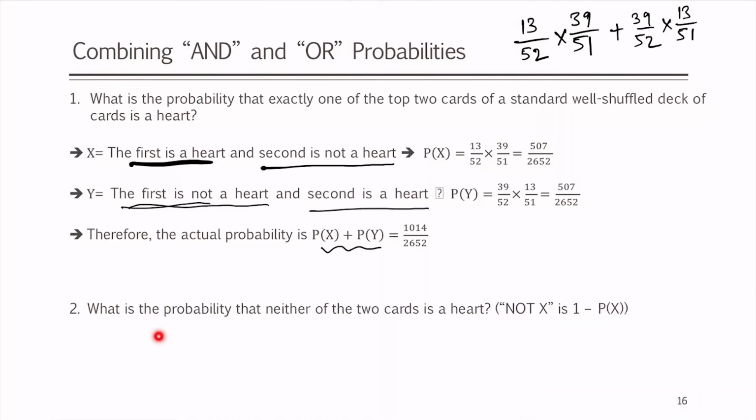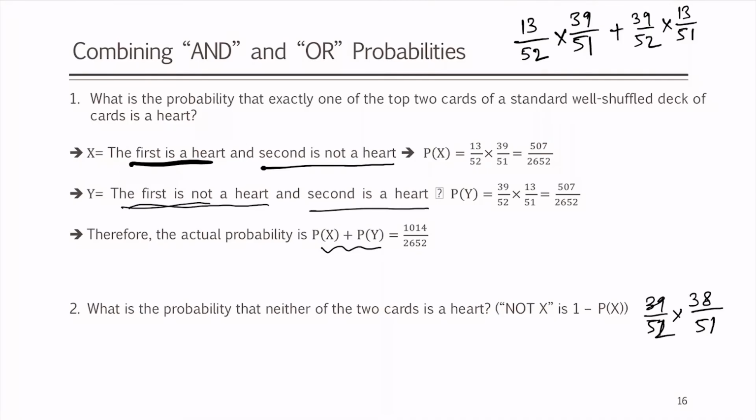Now, what is the probability that neither of the two cards is a heart? Again I can do it in two different ways. The first card is not a heart in 39 by 52 ways, and the second card is not a heart in 38 by 51 ways, because there are 39 non hearts.